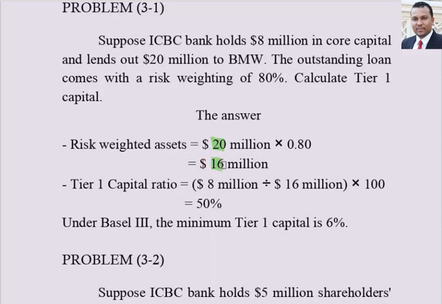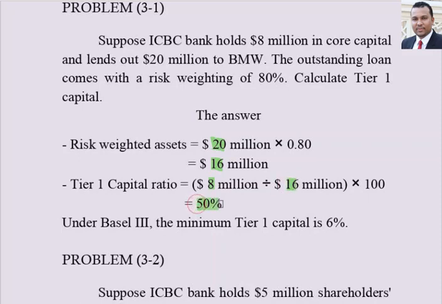So the gap equals 4. This is the value of risk. Tier 1 capital ratio equals core capital of 8 million divided by risk-weighted asset of 16 million, which equals 50%.